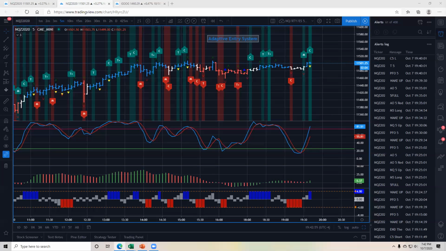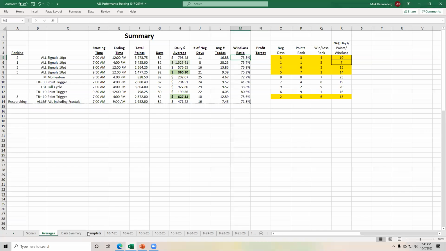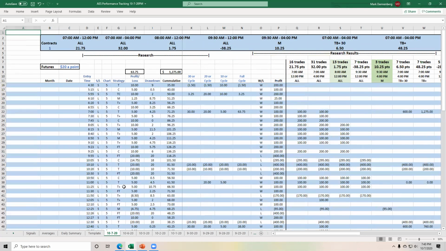Mark, Virgil's asking, please explain what the full cycle is. Sure. Let's go to the detail. So one of the things that we track is on trend bias trades, which can be a trend bias trade. It can be a combination. I don't think we had any today, did we? Trend and continuation. Oh yeah, here we go.